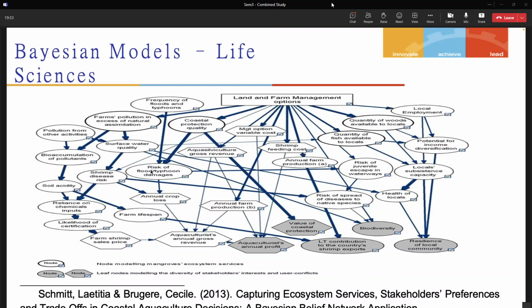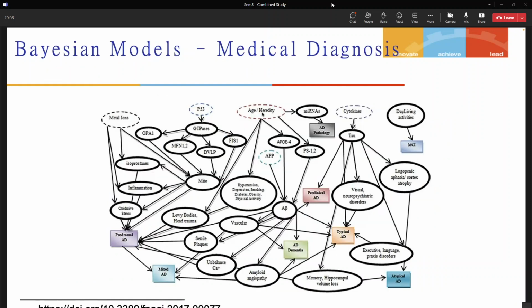Sir has told that we can read the papers and has provided the papers also. The next is the medical diagnosis. This was the early detection of, what was that? Not amnesia. Alzheimer's, correct.